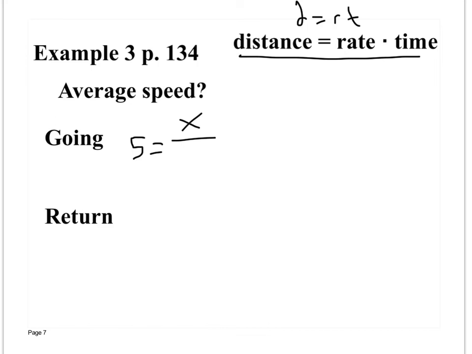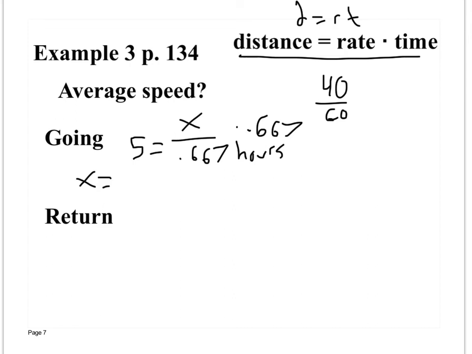So I would take 40 divided by 60, and that would give you 0.667 hours. So my x here, my rate, we could call it, is 5 times 0.667, because we have to get it to the other side to get x by itself.